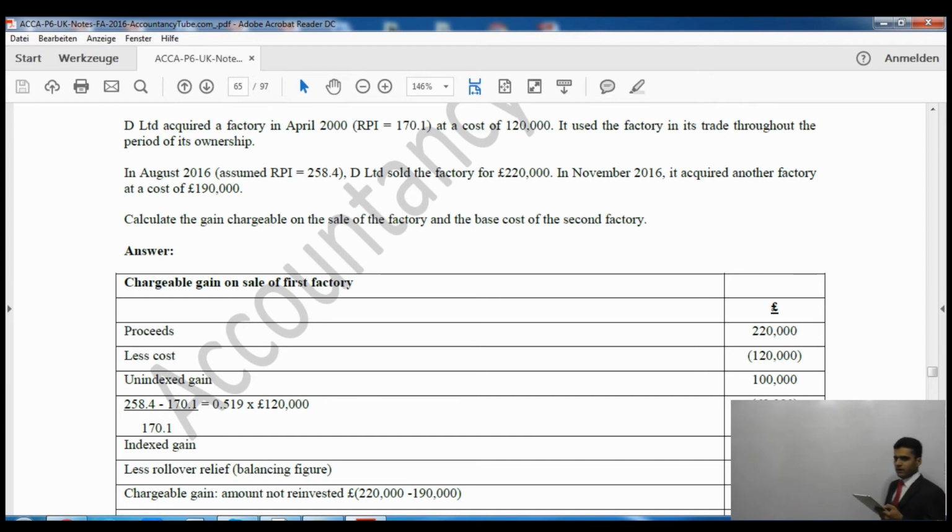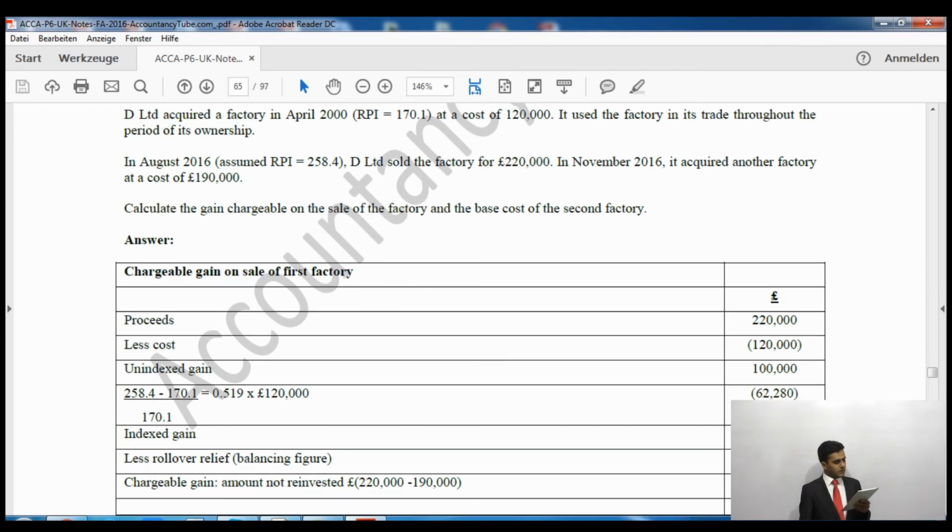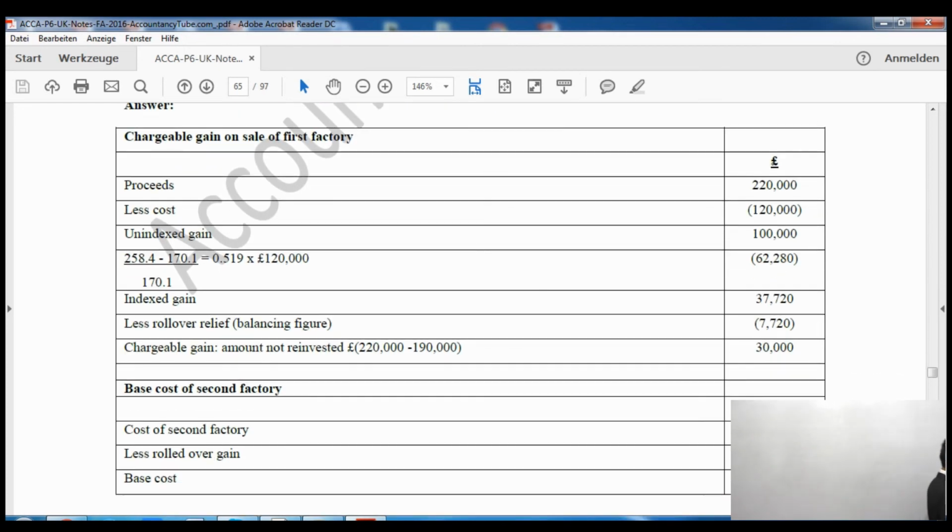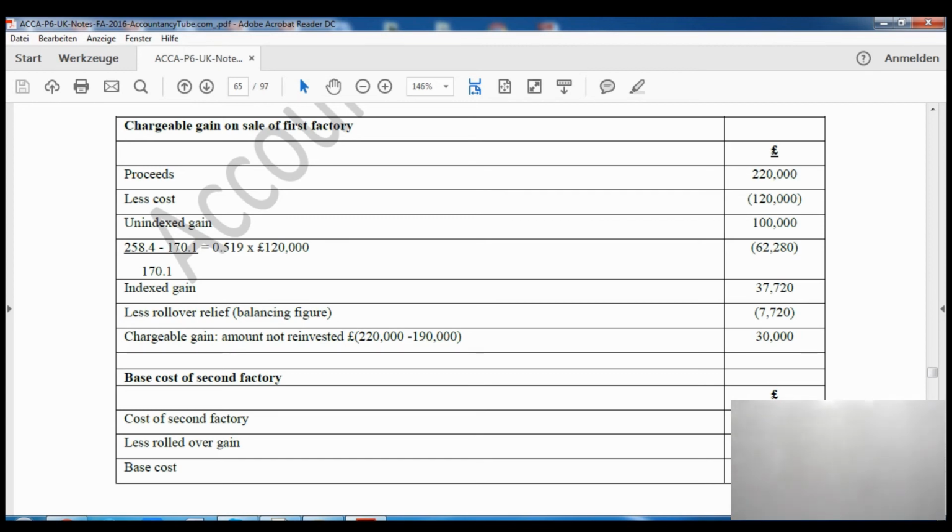Because it has reinvested in a new factory, we have to calculate when this rollover relief is going to be taxable. To do that, we calculate the base cost of the new factory. On the next page, the cost of the second factory was £190,000.